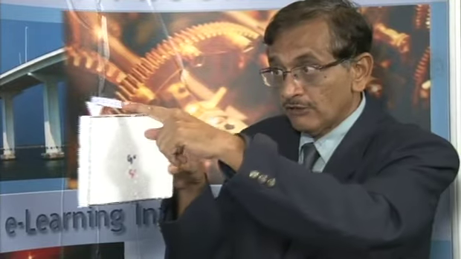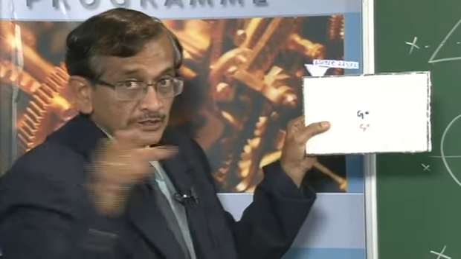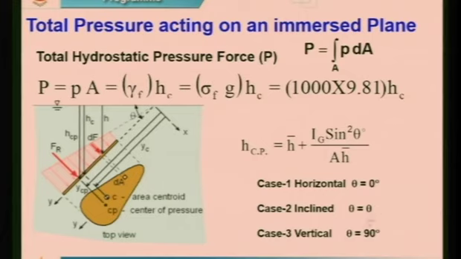Now, let us take the third case, which is called the vertical case. It means the same plate, horizontal with theta equal to 0, then inclined, and now I make it vertical, like this, to show you. So, theta is now 90 degree. In the same formula, the center of pressure from the water level, I repeat, from the water level will be at a distance of H bar plus Ig sin square theta by A H bar.